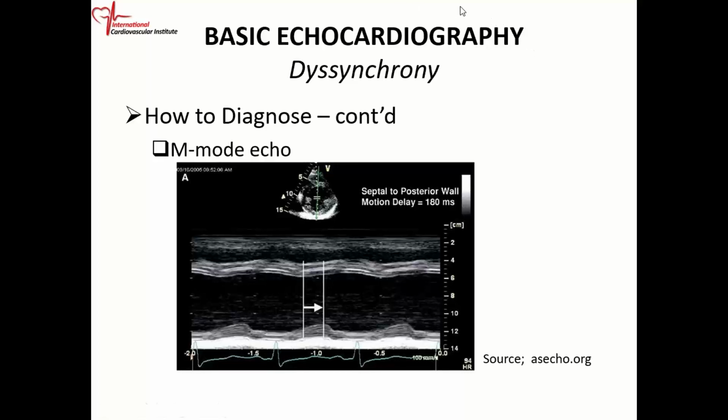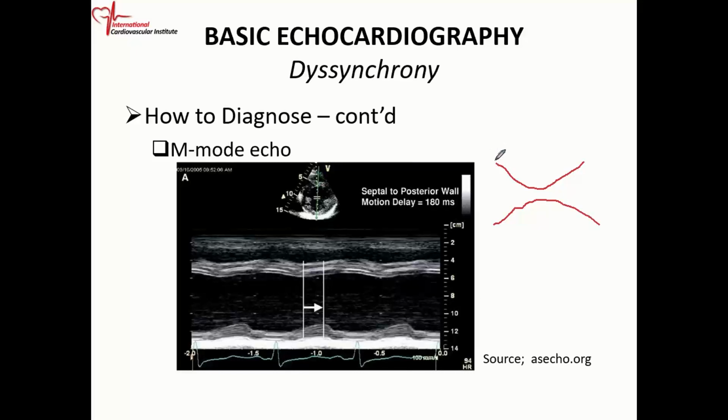So if they ask you in the exam to use a diagram to show a very efficient heart, I'll put my septum coming down like this, in systole, and I'll put my posterior wall like this, in systole.